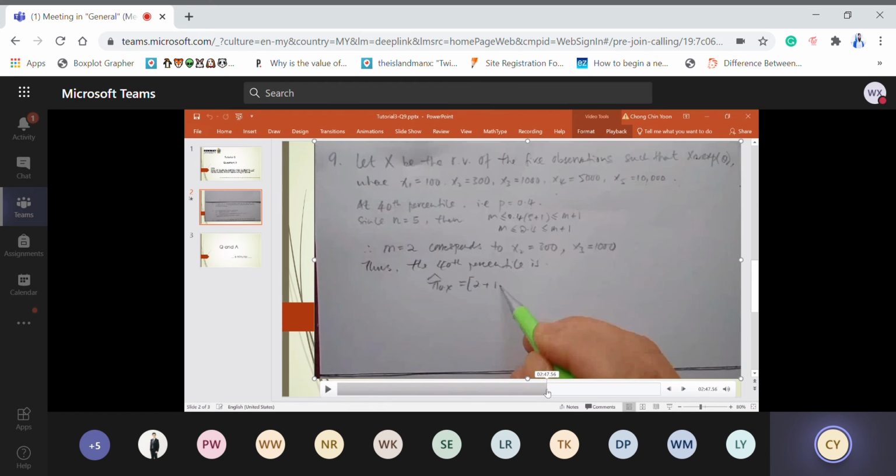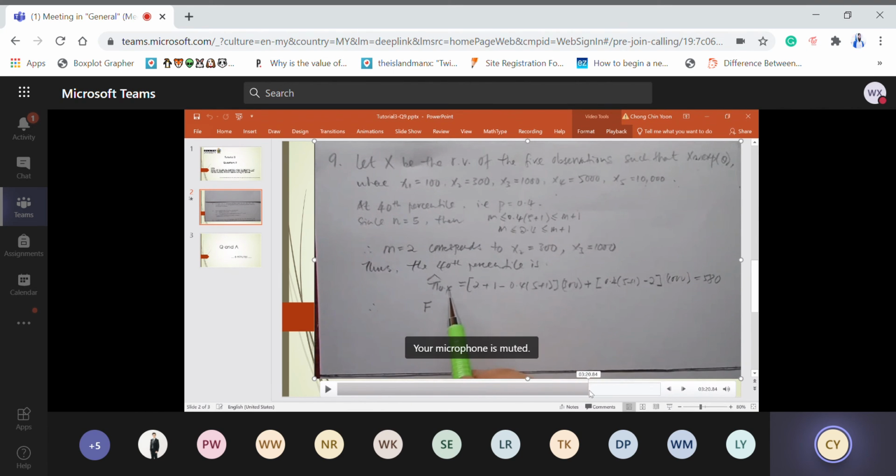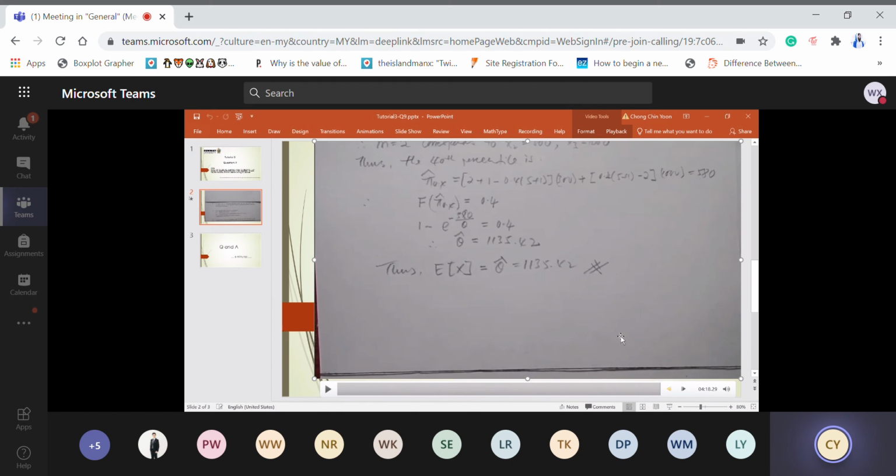Remember I told you the 40th percentile is also an x value, that is 580. So we substitute this x value into the CDF. You can get the form in table C. Then you can calculate the theta parameter. Quite straightforward, these questions. Okay, so we go to number 10.